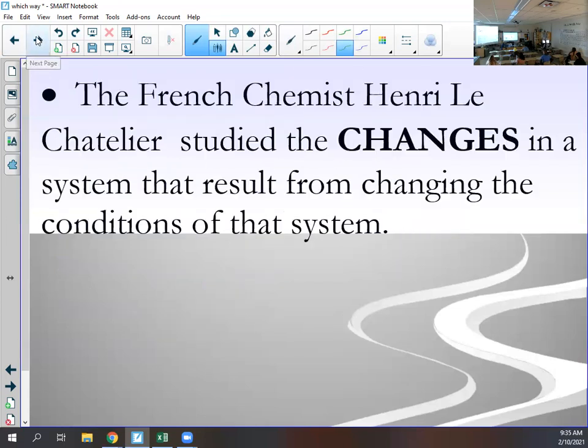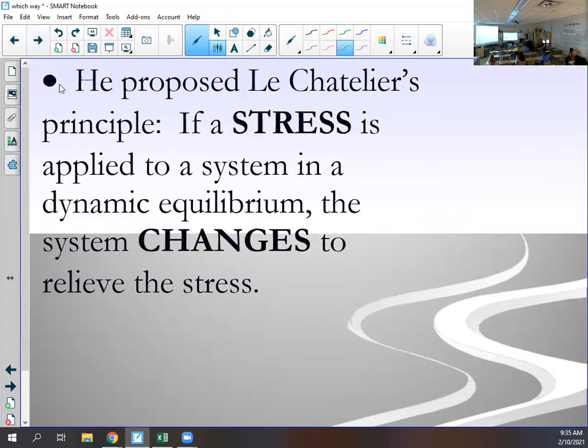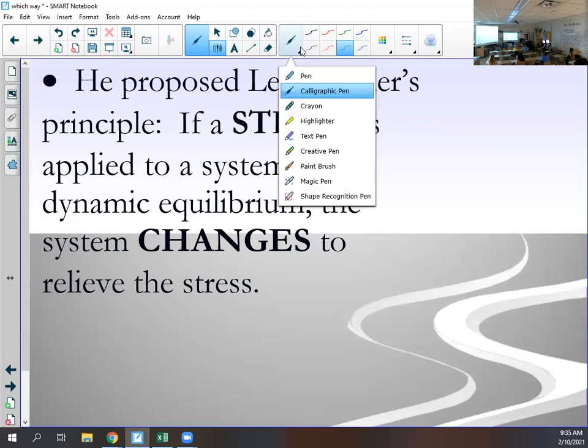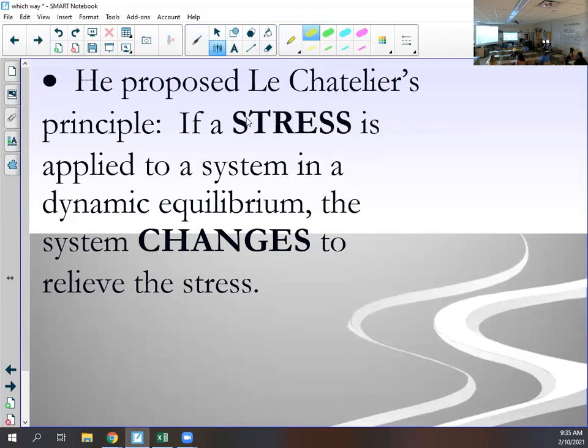Okay. I like it. The French chemist Henri Le Chatelier studied the changes in a system that result from changing the conditions of that system. He proposed Le Chatelier's principle, which is a matching term. And the easy way to remember this one to me is look for the word stress.